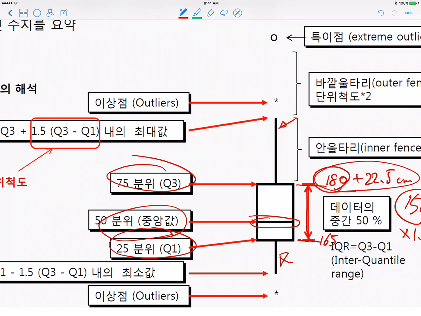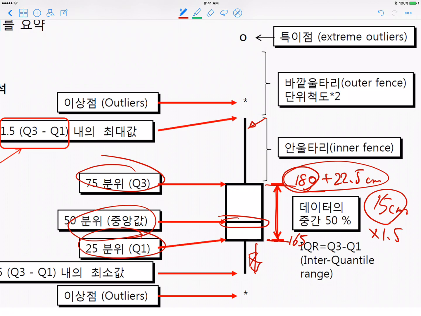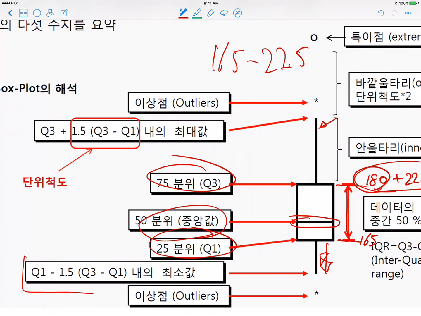And then we do the same thing on the lower part: 165 minus 22.5. That is what this means. Using that as the lower threshold, we consider only the data that is larger than that, and then pick up the minimum one that we actually observed.